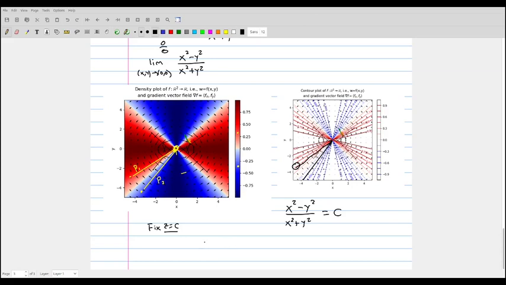We can rewrite this as x squared minus y squared is equal to x squared plus y squared times c.